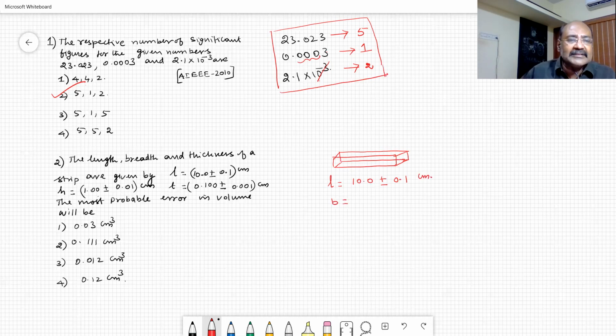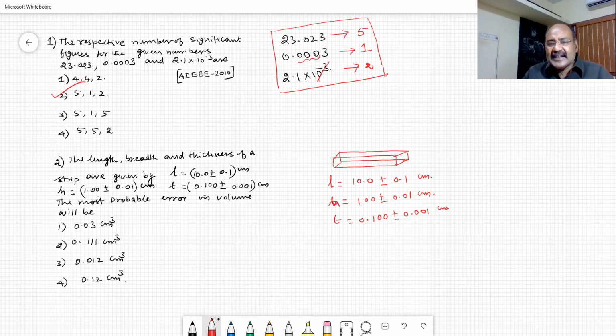Similarly, what is the breadth? Instead of breadth, they have given it as height. The height is given as 1 plus or minus 0.01 centimeter. Then the thickness is 0.100 plus or minus 0.001 centimeter.